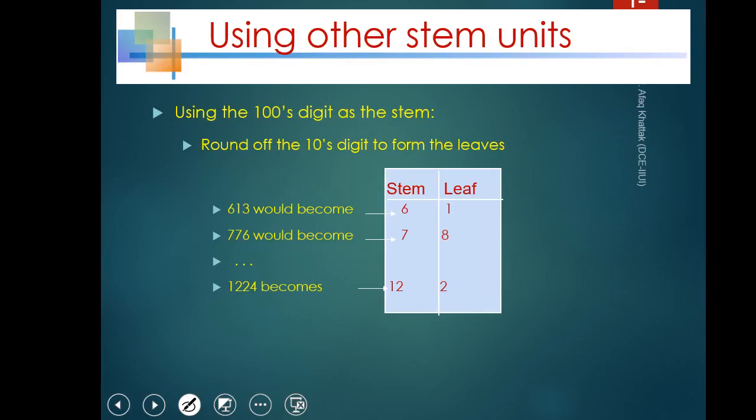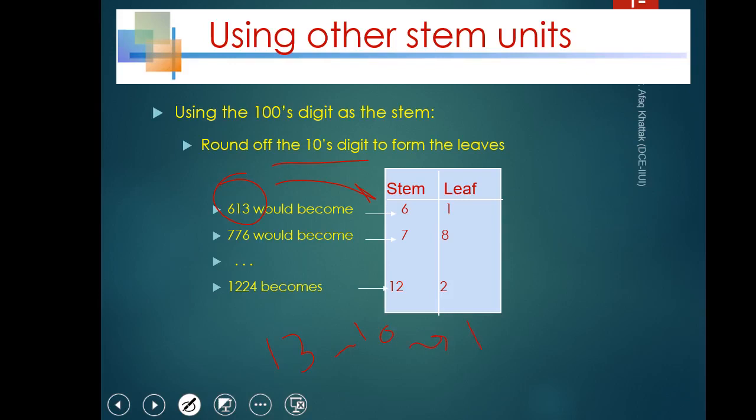Now how about if we use the hundreds digit as a stem? We just round off the tens digit to form the leaf. For example, if we have 613, we take 6 on the stem side, but instead of 13 we round it to 10, so we write 1.